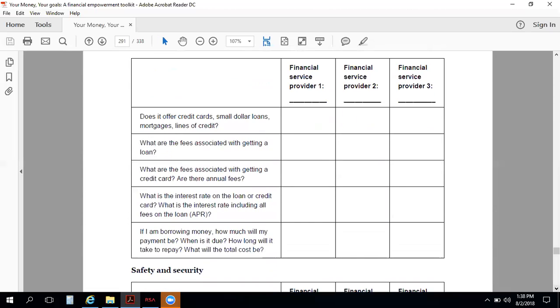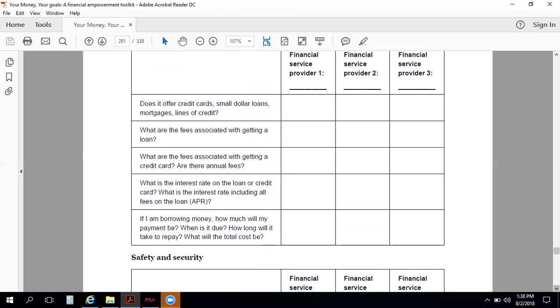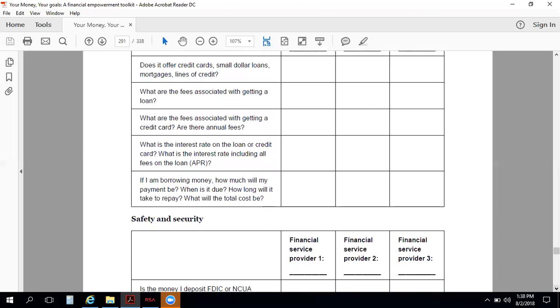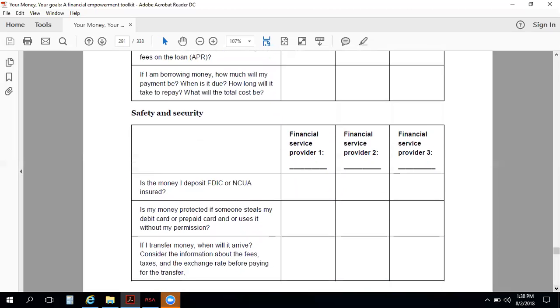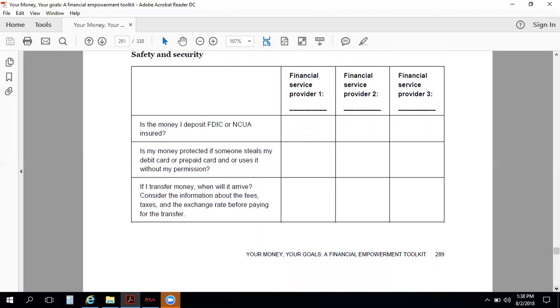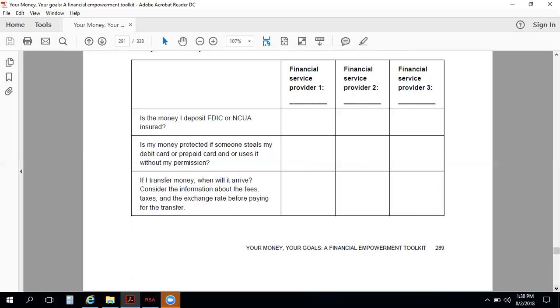And it just goes on to talk about, if I need a loan, what are the fees associated with that? Safety and security, about how long it takes to transfer money.